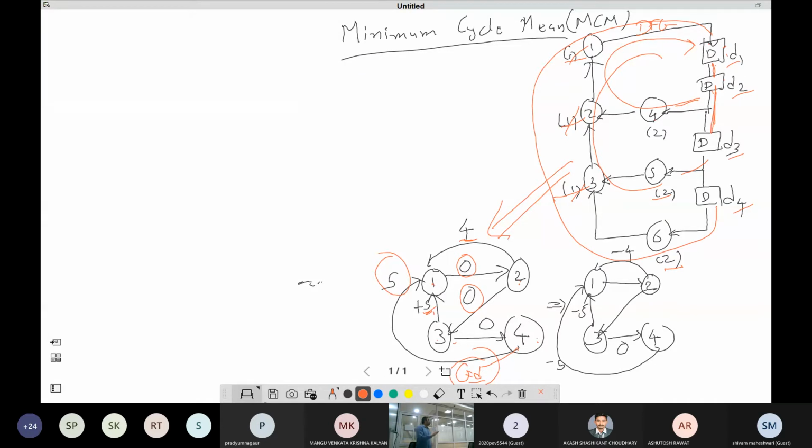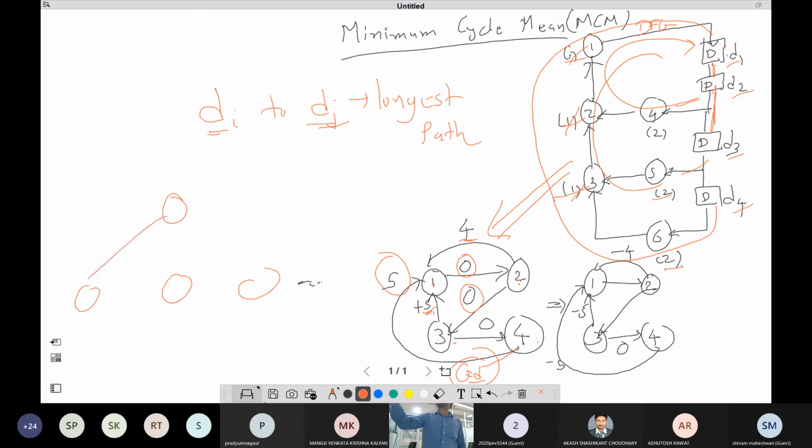Okay, now another thing is, it may happen that sometimes in a graph you will observe that there are multiple ways through which I can reach Dj from Di. If from delay element Di to Dj there are multiple paths, then you need to consider the longest path. So it may happen that from a particular delay element to another delay element, I can go through multiple paths, like a simple case like this.